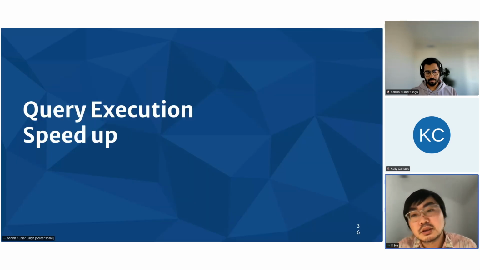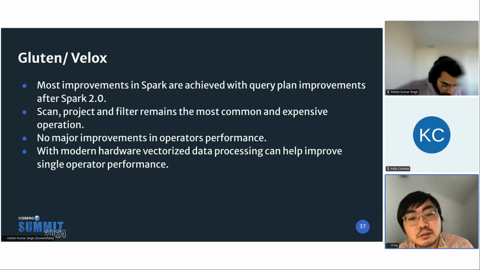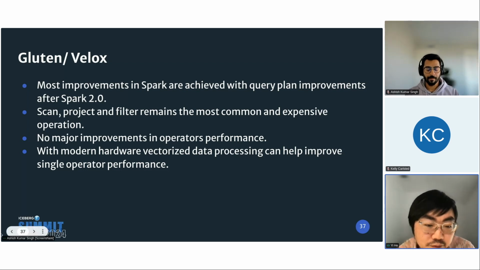The third thing we did for query velocity is Gluten and Velox in Spark SQL. We started evaluating native execution engines in Spark a few years ago. We noticed that most improvement in Spark after 2.0 was achieved not by improving operator performance, but by better planning.